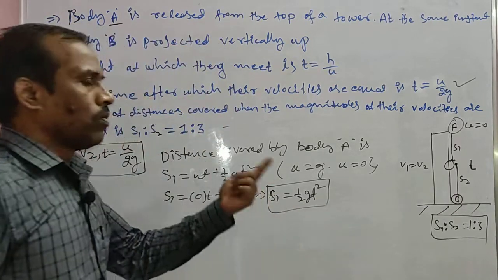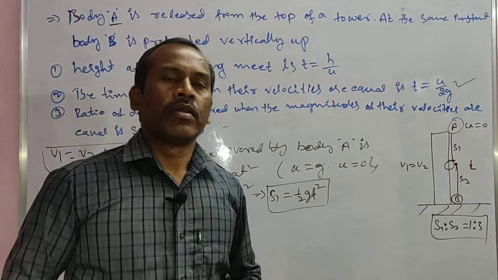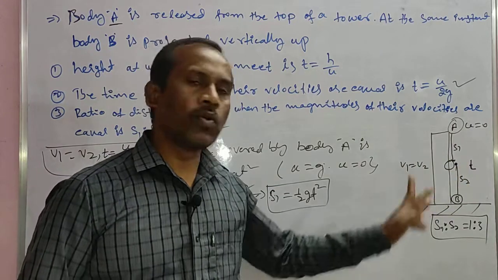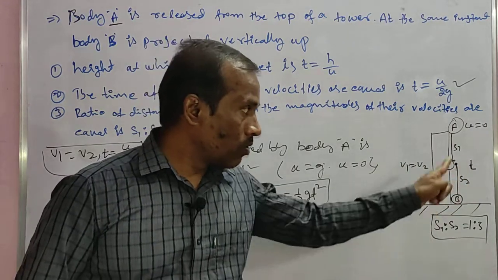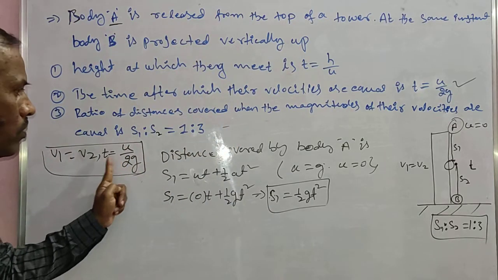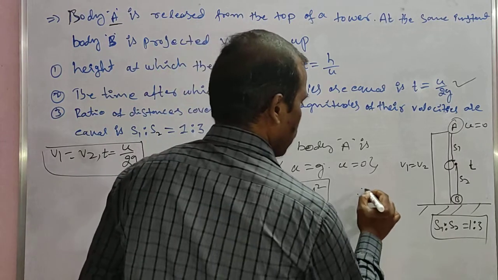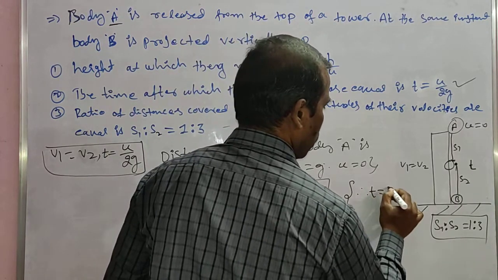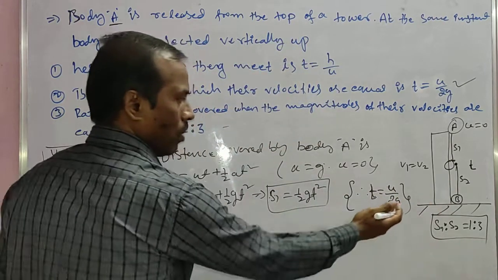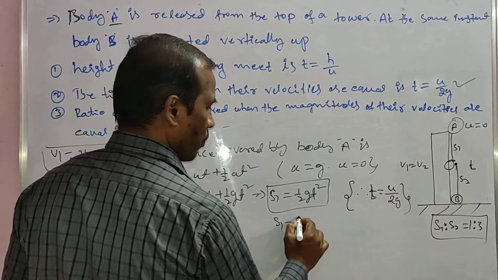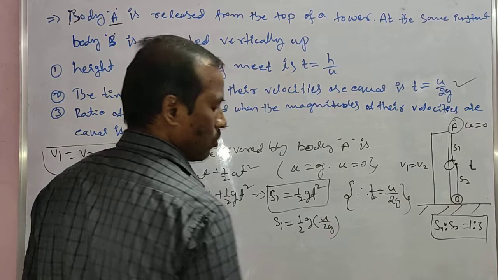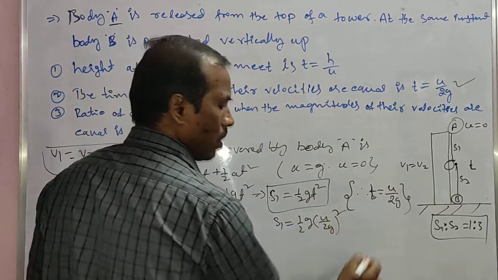Now according to the condition, their velocities are equal at the O point. At any instant t, v1 is equal to v2, so t is equal to u by 2g. Now substituting this t value, S1 is equal to half g into (u by 2g) whole square.